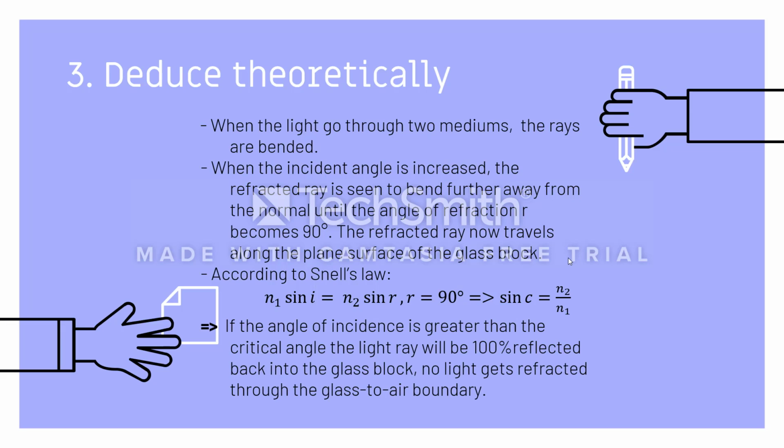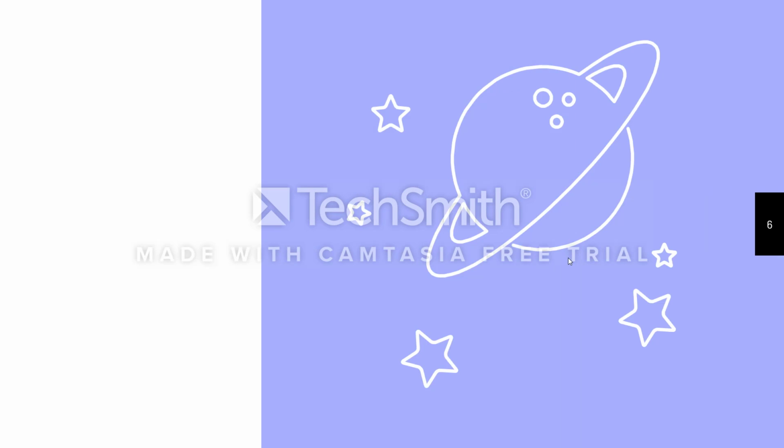And if the angle of incidence is greater than the critical angle, the light ray will be 100% reflected back into the glass block, and no light gets refracted through the glass to air boundary. Okay, and this is the theoretical approach.